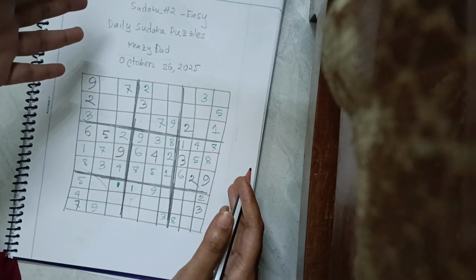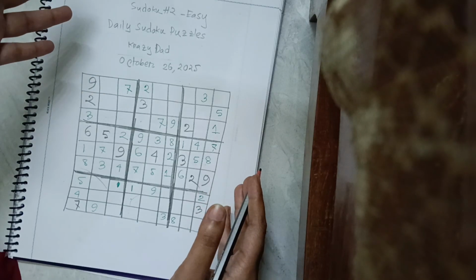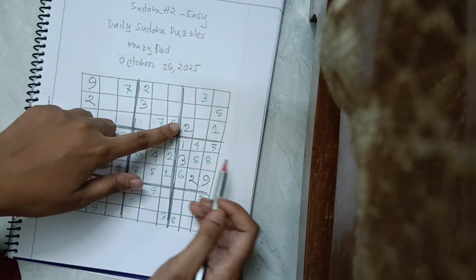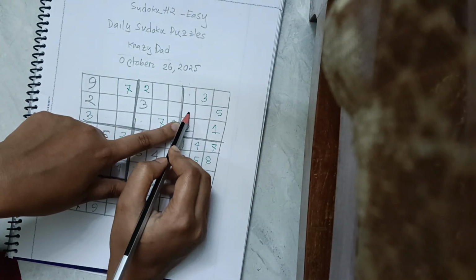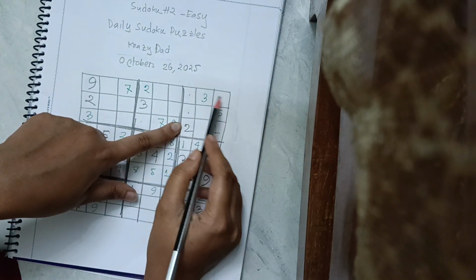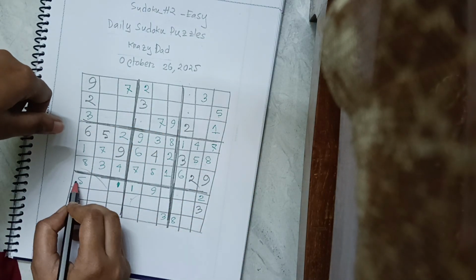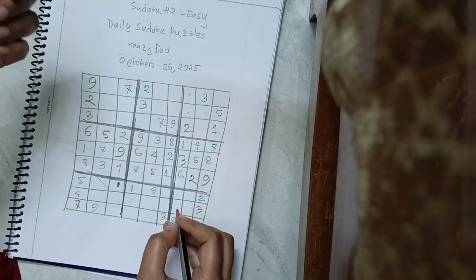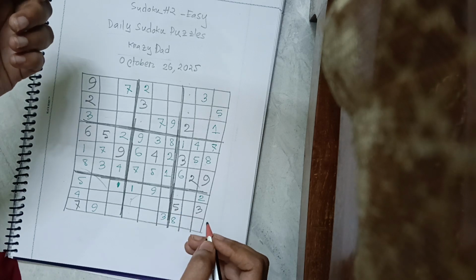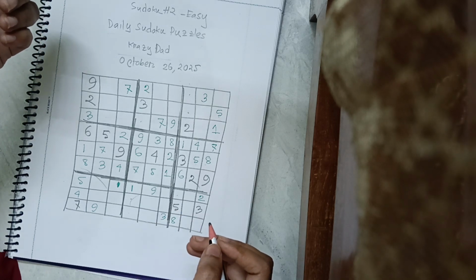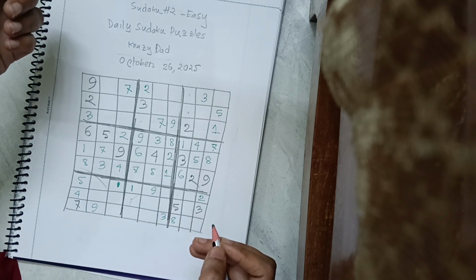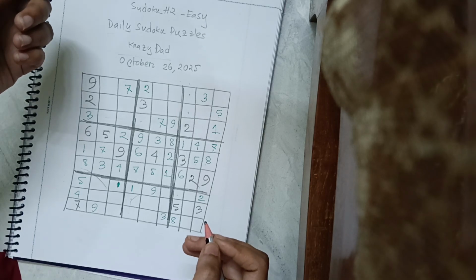So there isn't enough information for 4, but there is enough information for 5, because we cannot write 5 in these two boxes because 5 is already inside this medium box, and we cannot write 5 here because it is already in this row, so we can write 5 here. What about 7, right? There isn't enough information for 7.